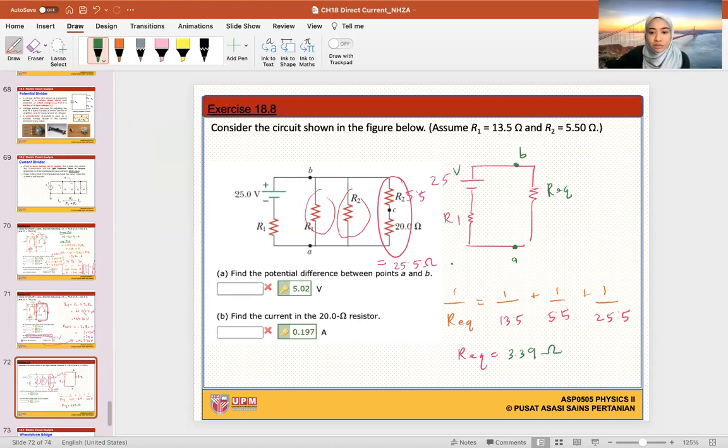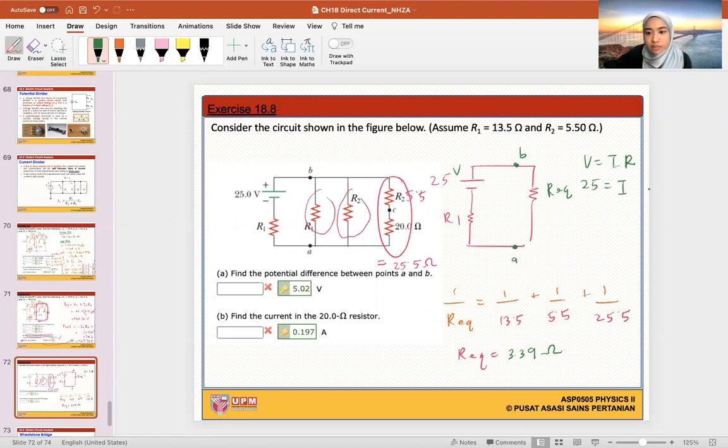And then we want to know what is the I flowing through this whole circuit because we want to find out what is the potential difference, right? Okay, so here I have two R's and I have a single battery. Now our circuit is simple and I can just use V equals IR, right? So my V is 25.